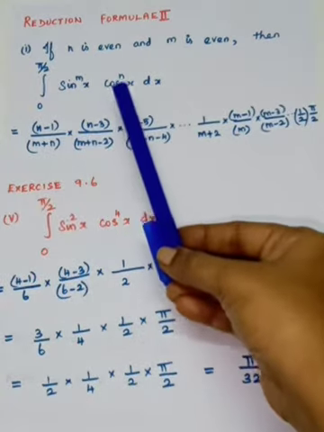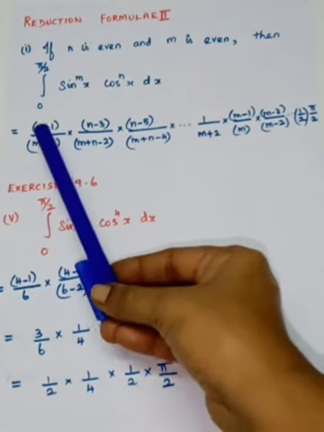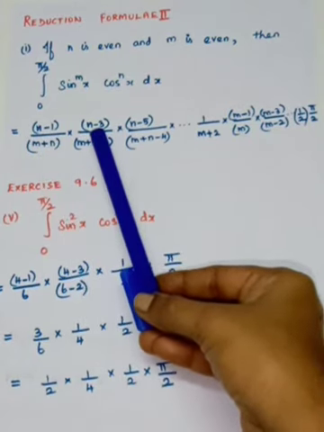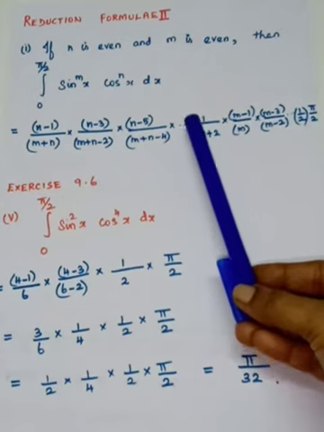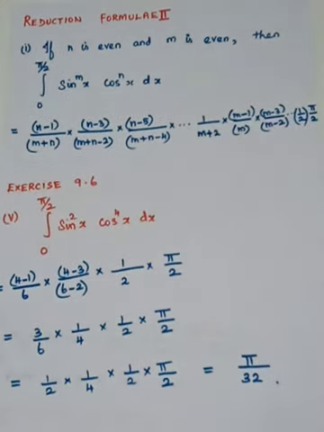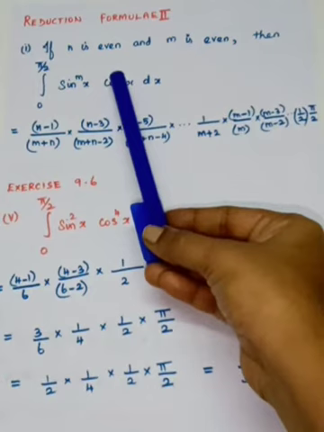First, you have to start with the power of cos x. In the numerator you write n minus 1, n minus 3, n minus 5, and so on, until you complete the numerator at 1. So you subtract odd numbers from the power n of cos x.